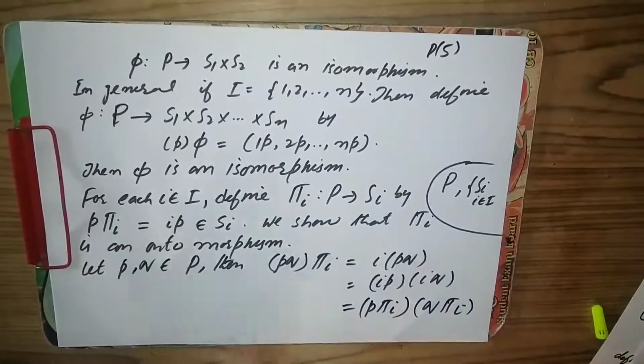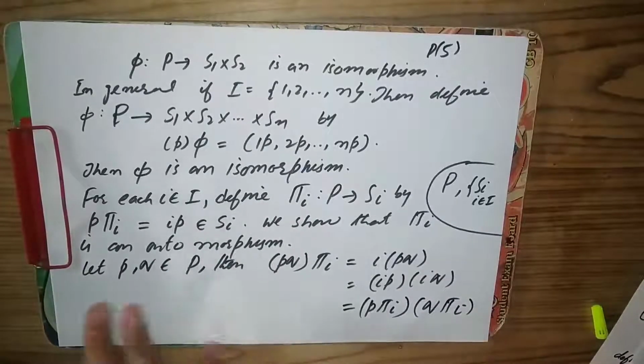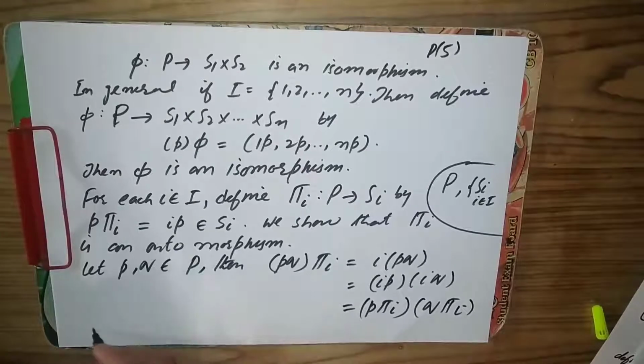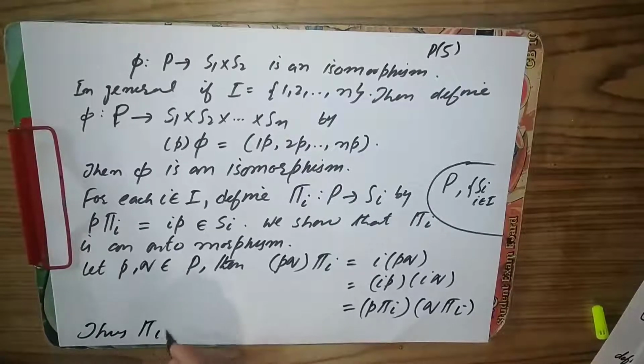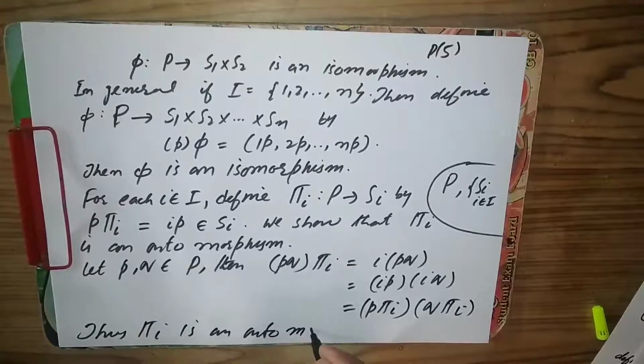So therefore this is a morphism, and onto is trivial. So thus pi i is an ontomorphism.